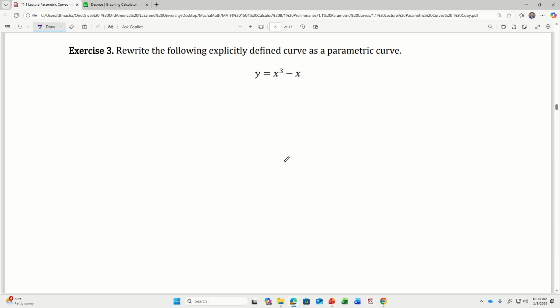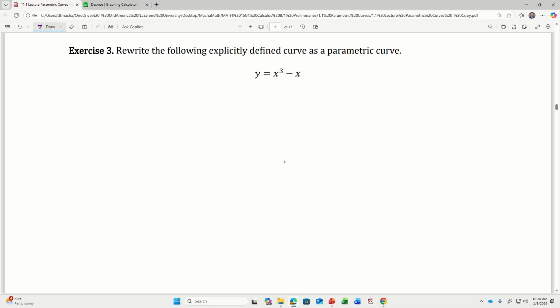Exercise 3, rewrite the following explicitly defined curve as a parametric curve. This is a really, really easy question, by the way. I put this here on purpose because my Cal 3 students sometimes struggle with this, but it's easier than you think.